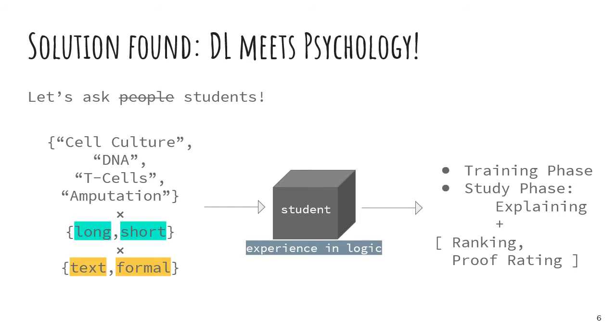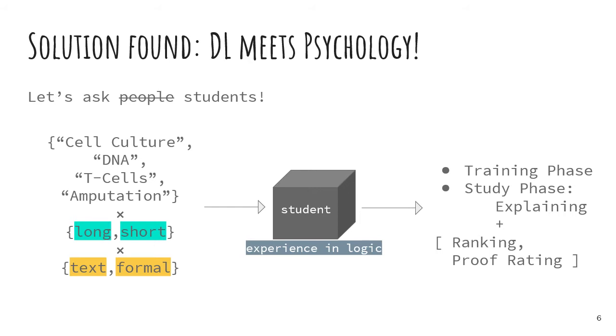We presented these examples to the participants in either a long or a short version and either a textual or formal version combined. Thus, we ended up with a within-subject design, and the students worked through these 4 examples, explained them and rated them.